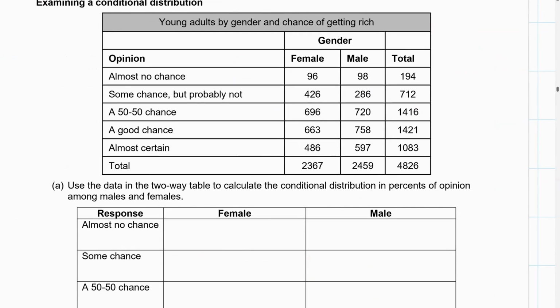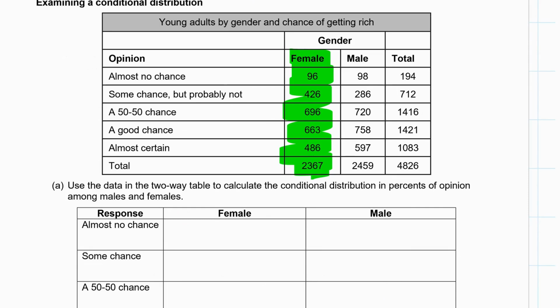Let's look at the two conditional distributions of opinion. One amongst the females and the other one amongst the males. So how do we calculate that distribution of opinion amongst the females? Well, what we do is we say we're going to essentially just say only this column exists for right now, only amongst the females.